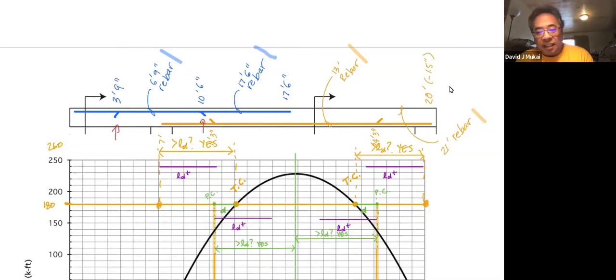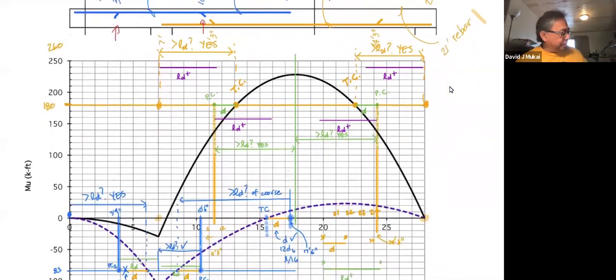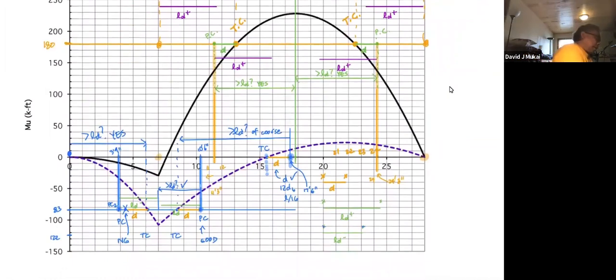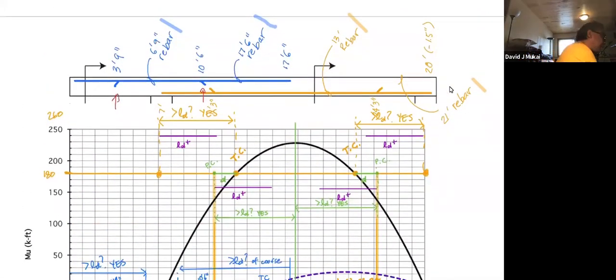So the question is, are those cuts happening when that bar is in tension? There and there, it's under negative moment, so the bars in the top are under tension. So check here.